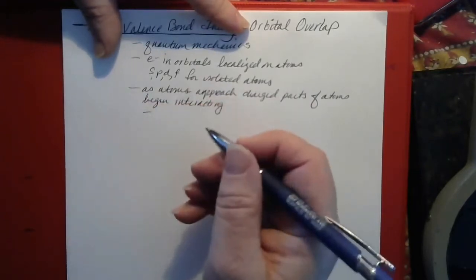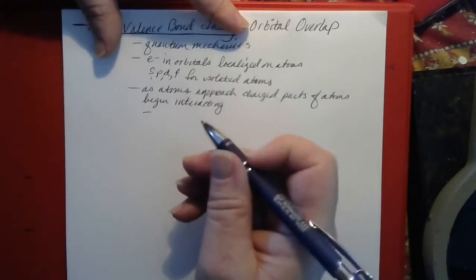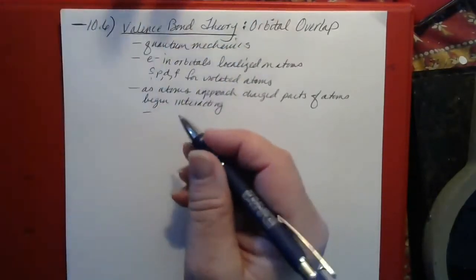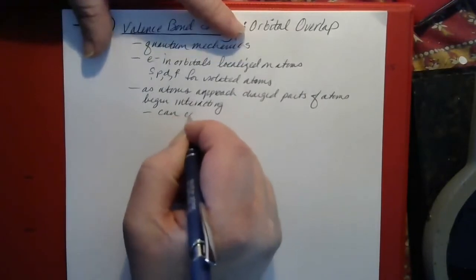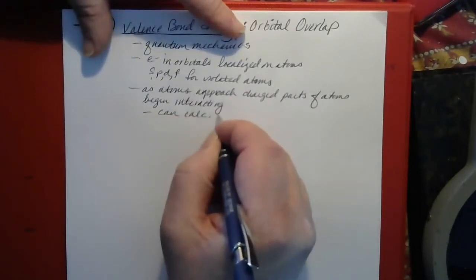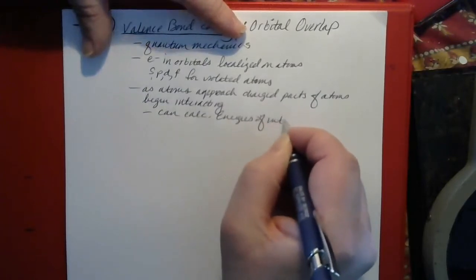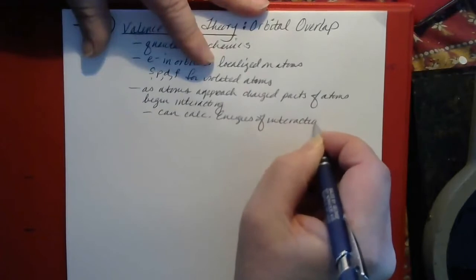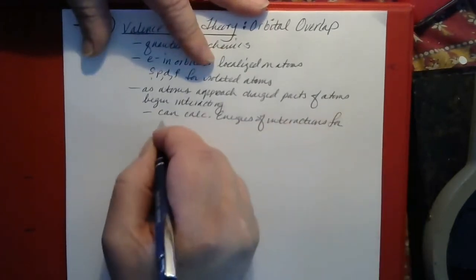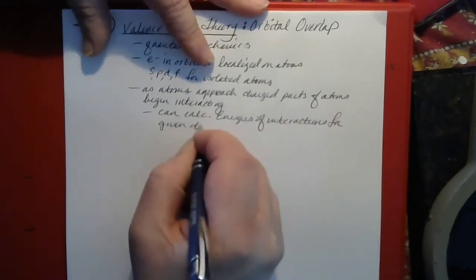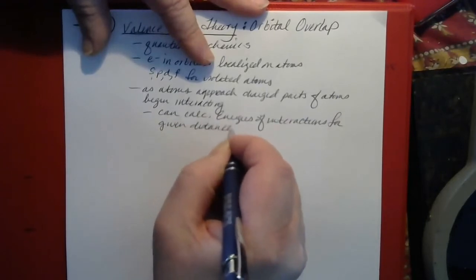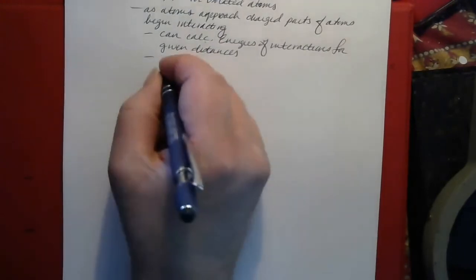You can calculate the energies of interaction for electrons in orbitals at any given distance. And as it turns out, if an interaction lowers the energy of the atoms overall, then a bond forms.